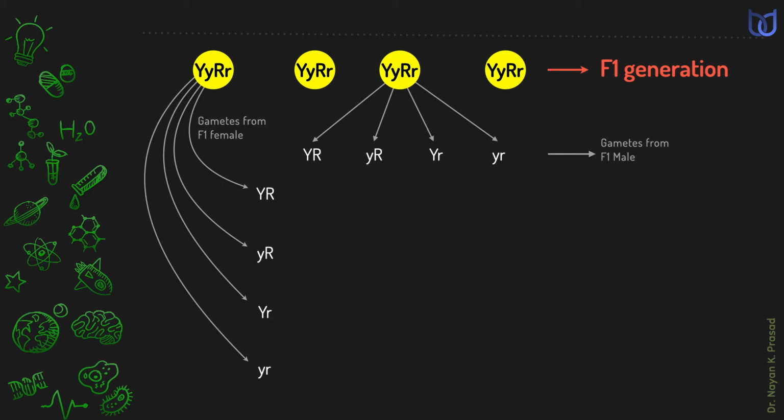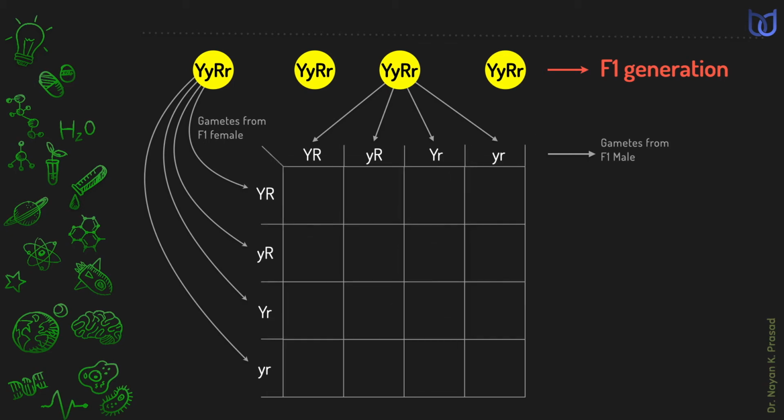Now let us see fertilization between these gametes. Here 16 different types of combinations may occur that can be seen in the Punnett square checkerboard.